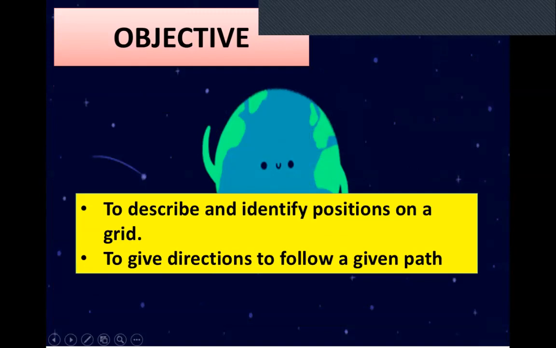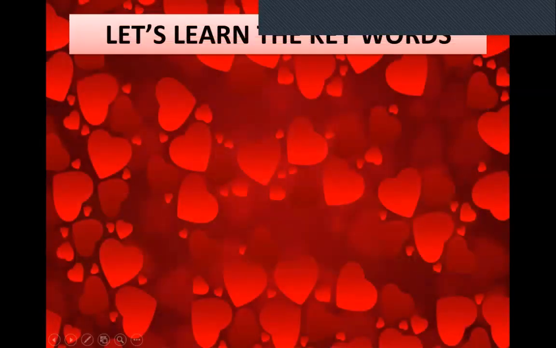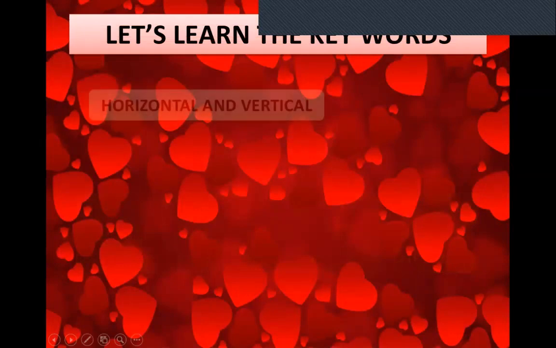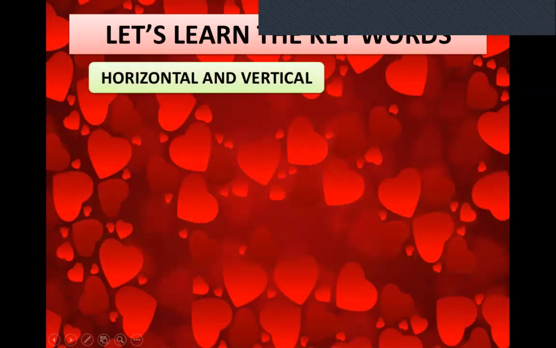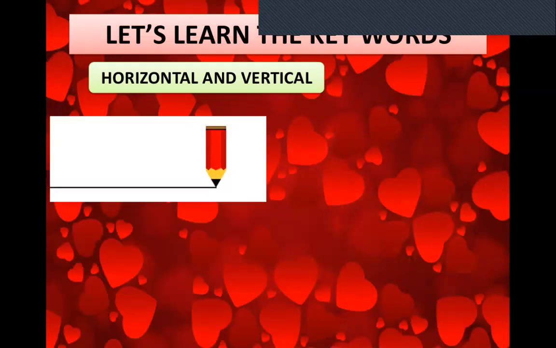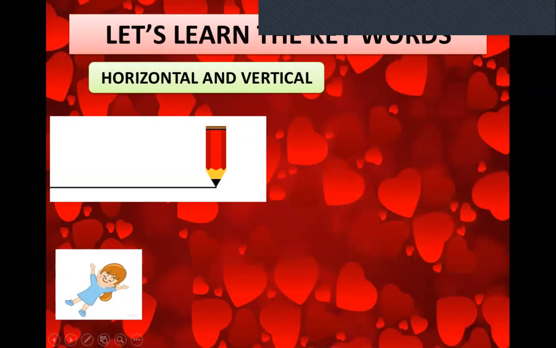So our lesson objective is to describe and identify positions on a grid to give directions to follow a given path. Now let's learn the keywords. Horizontal and vertical. In the first picture, you can see a horizontal line.